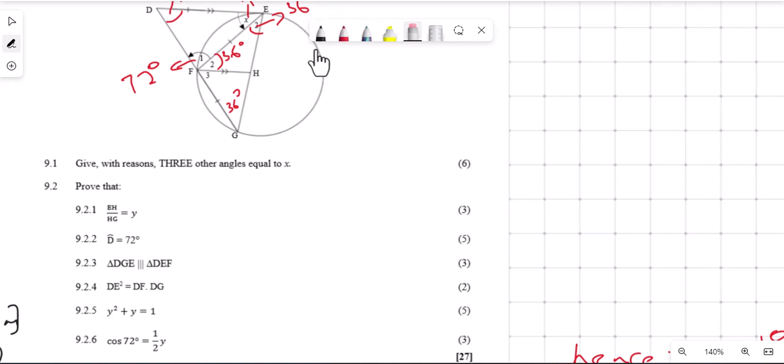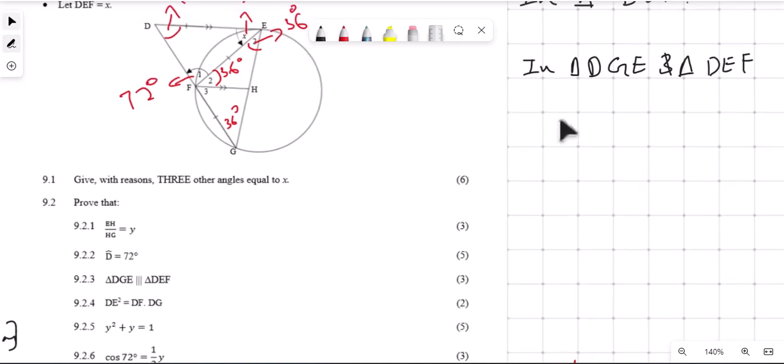Okay, what do we have there? In triangle DGE and triangle DEF, let's look at these two triangles.